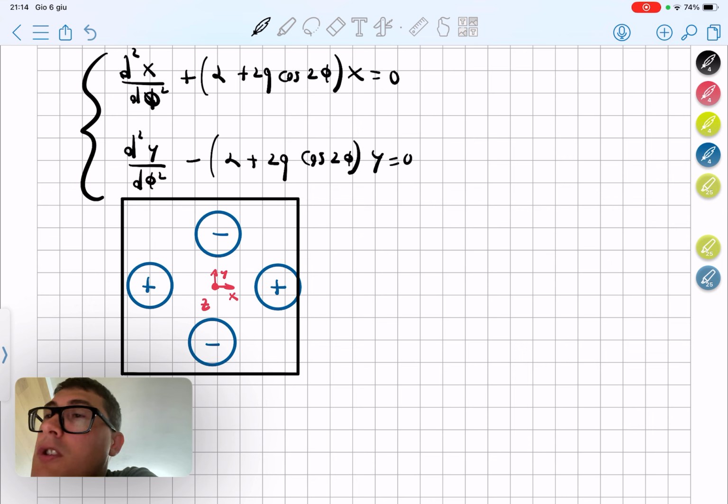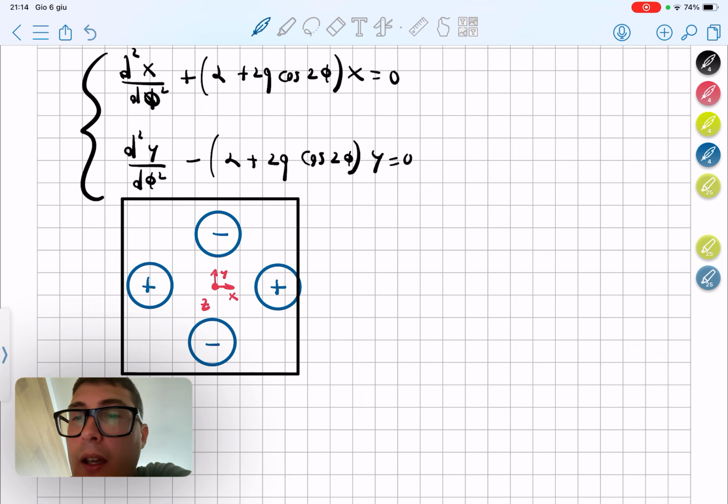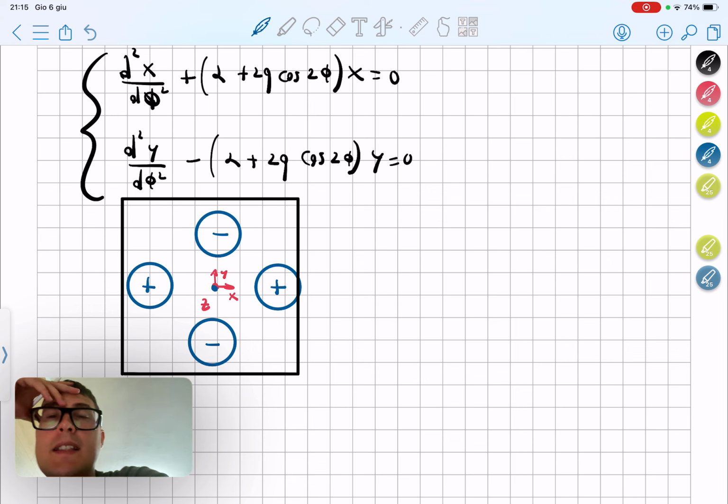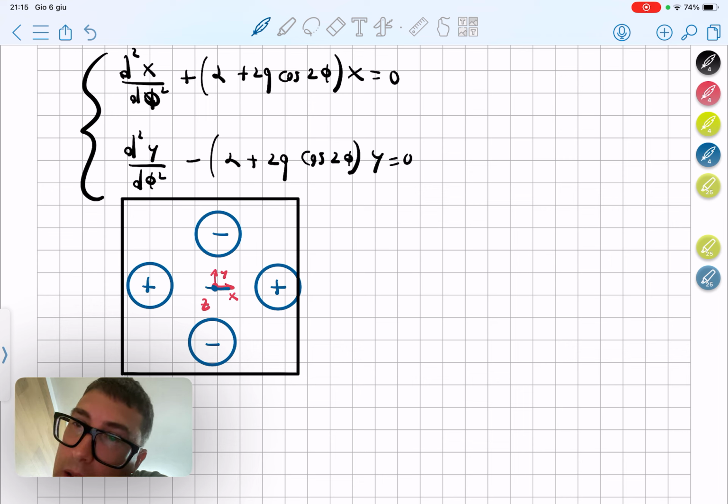So let's focus on the x-axis first. Imagine that we are looking only in the x direction. According to its mass, the ion will be feeling the effect of the rods as it is crossing in the z direction. So it will start to oscillate back and forth if we are just looking at the x direction.